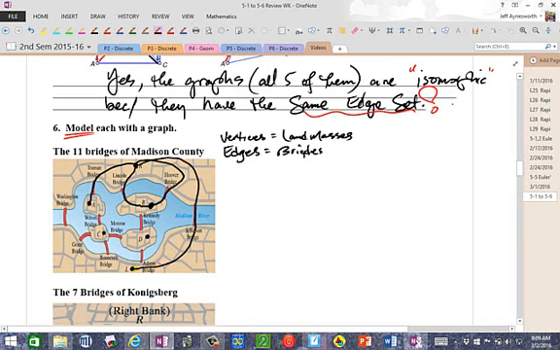And of course, we could take Washington Bridge and go all the way around. Or we can go from island A to island C, no big deal. We can't get to island B, so there's no bridge there. We can get from C to D, of course. Or we can get from B to D, that's easy.